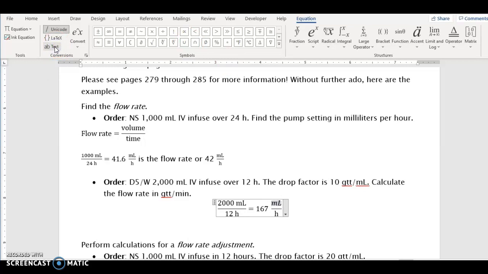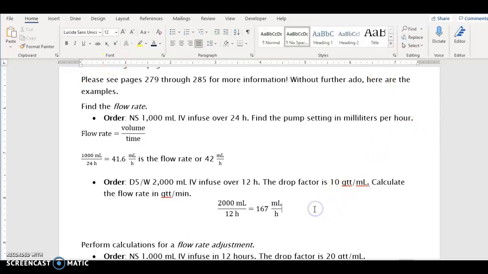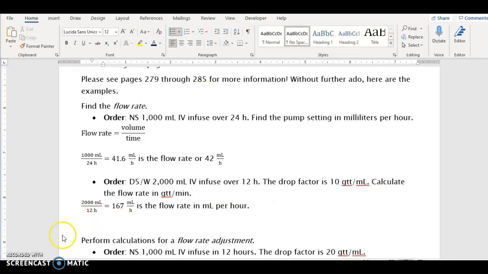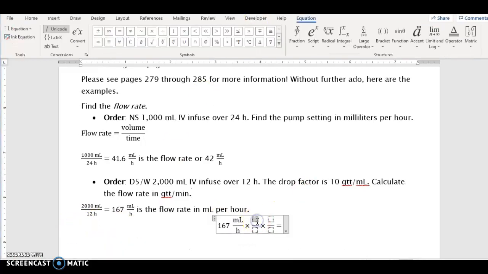Ideally, you should not do any rounding until you get your final answer, but let's see if we can get as close as we can to the final answer. So this is the flow rate in milliliters per hour. But we want the flow rate in drops per minute. So we're going to perform two calculations here.